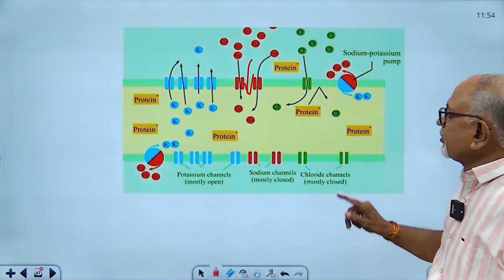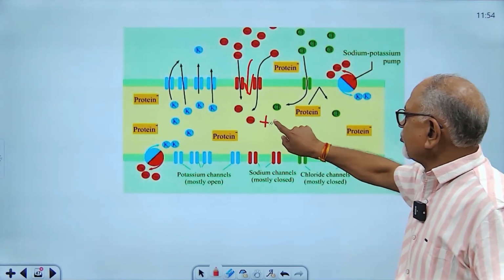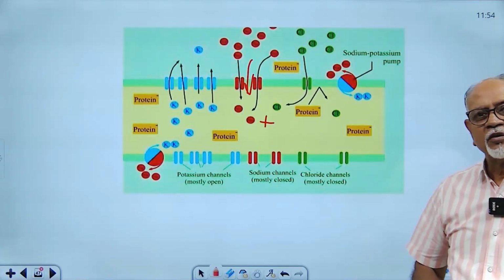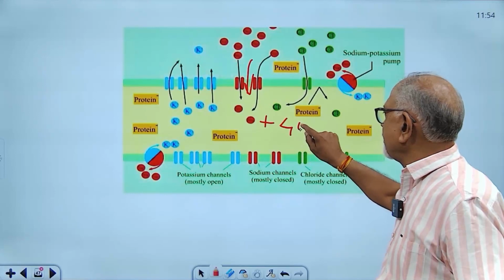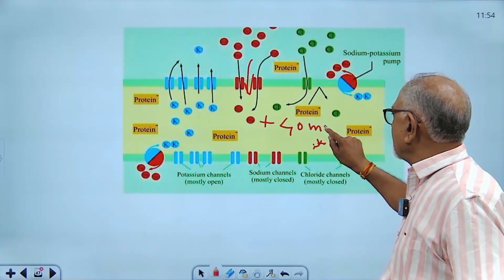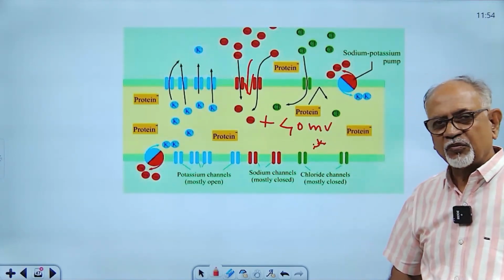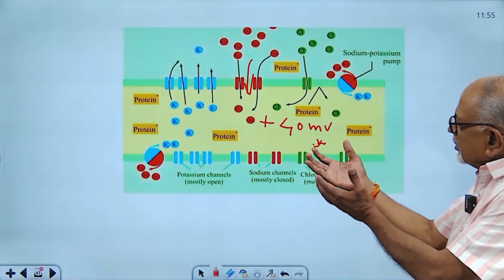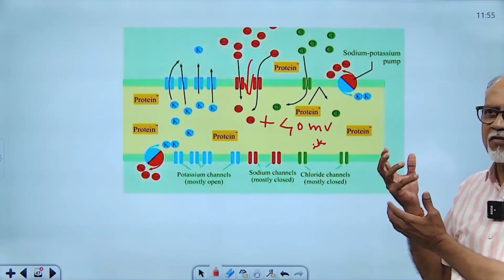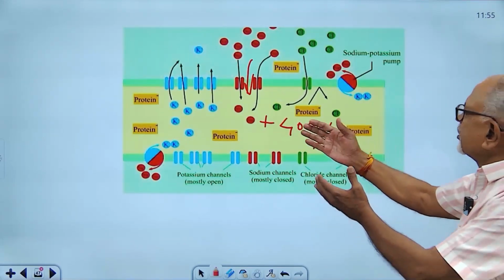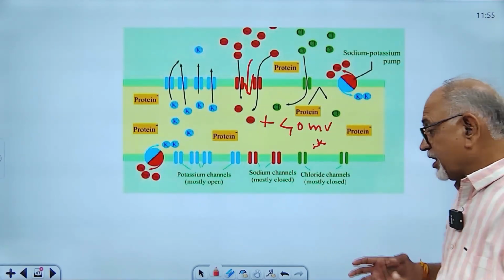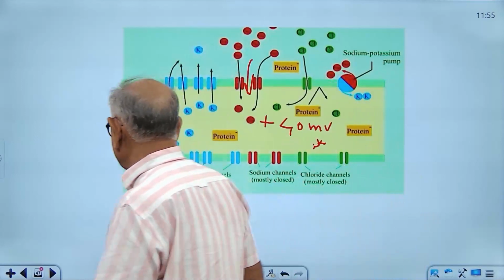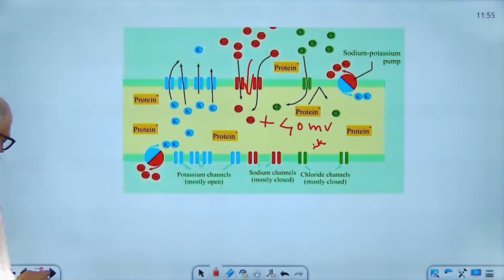So this generates a positive weak current of plus 40 millivolts, and a wave of transmission is conducted to the next portion where the inrush of sodium occurs. Let us see another picture.